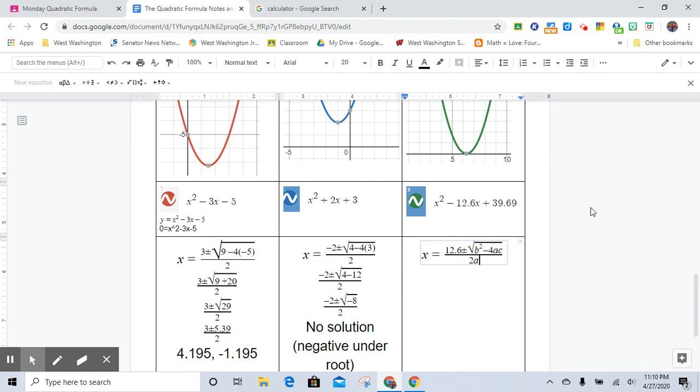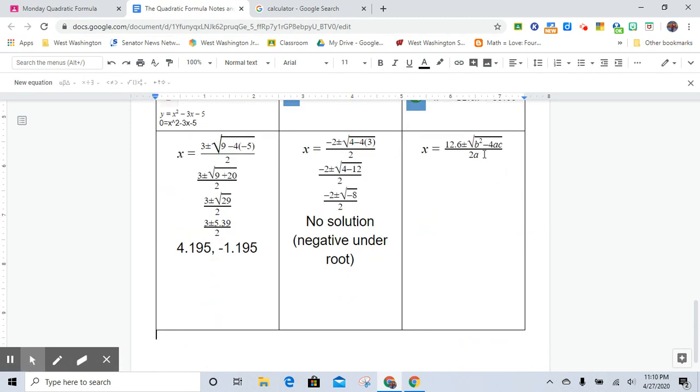Okay. And now I have to do everything. There we go. 12.6 squared is 158.76. Yeah, I picked some great numbers here, guys. But you know, we have these calculators and there's nothing really to be scared of about big numbers like this.